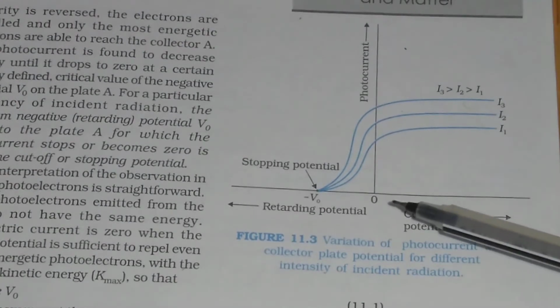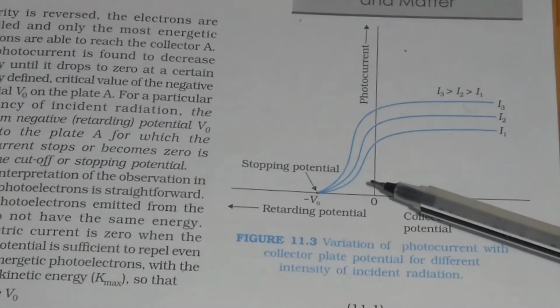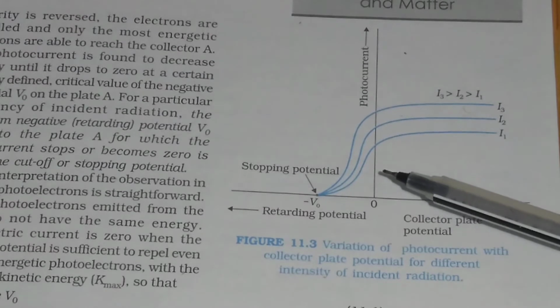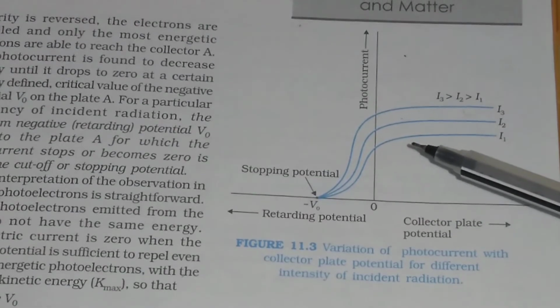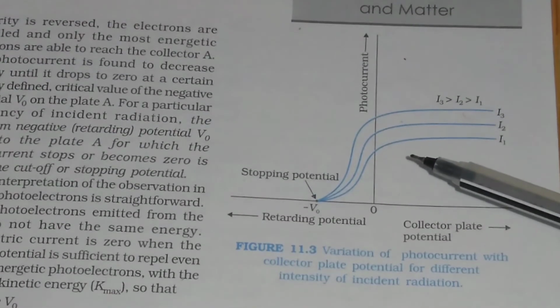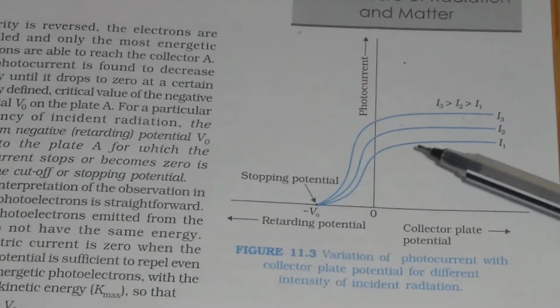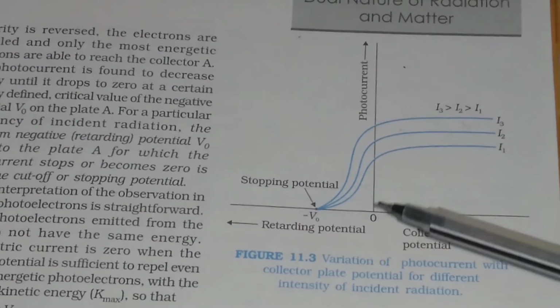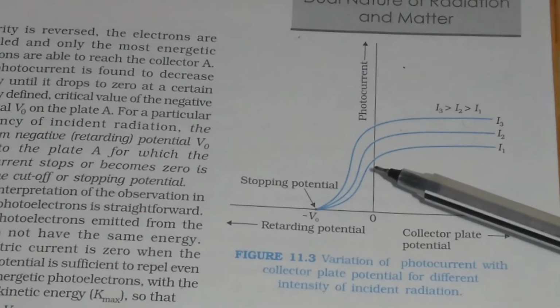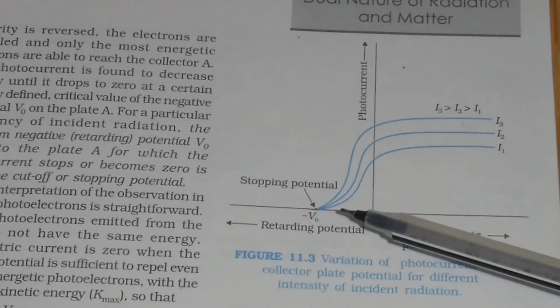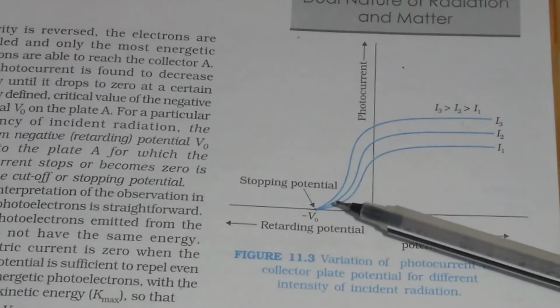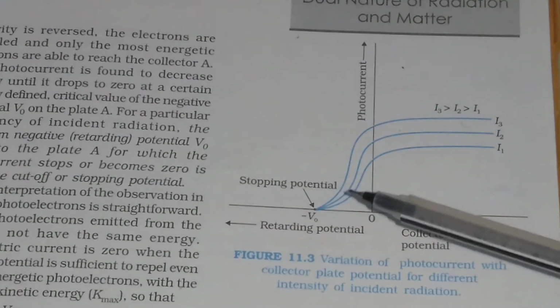You can mark a very important observation that the saturation current is proportional to the intensity of radiation, whereas the stopping potential is independent of its intensity. Stopping potential does not depend upon the intensity.